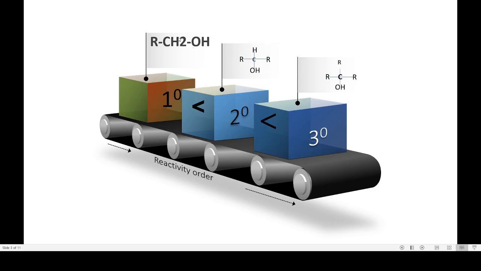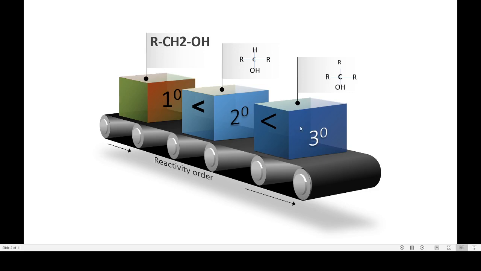In the primary structure, this OH is directly attached with the carbon, and this carbon is further attached with only one alkyl group. Hence it is a primary alcohol. The reactivity order is given: the tertiary is more reactive than the secondary, and the secondary is more reactive than the primary.